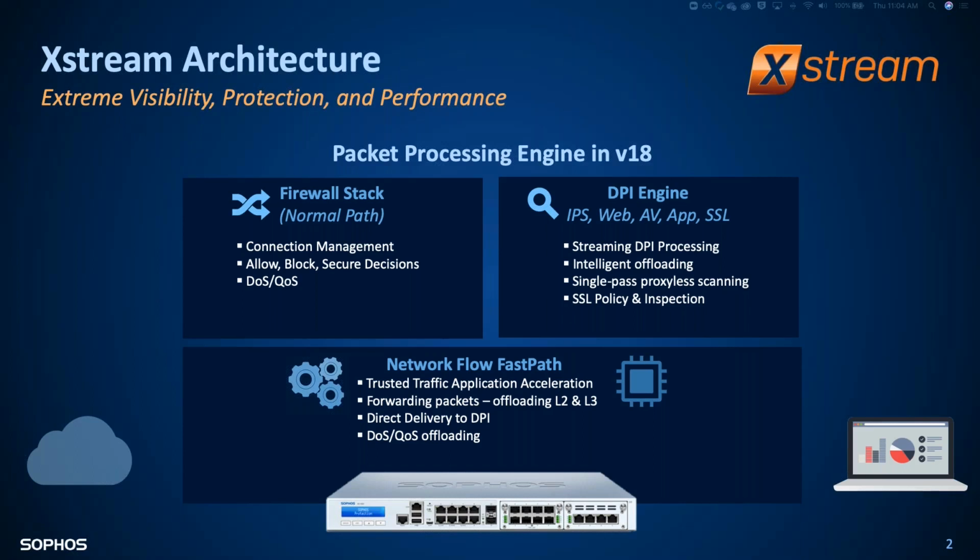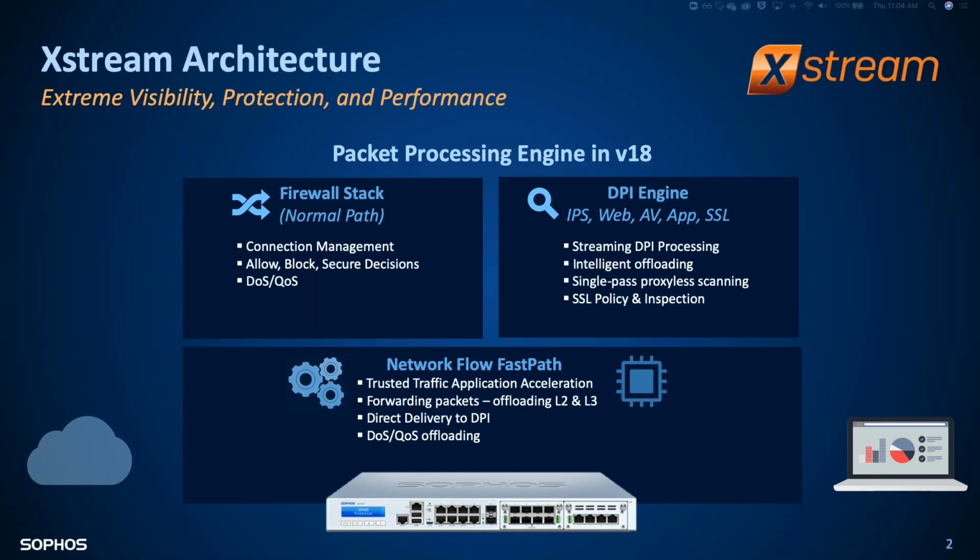What you see here is a high-level description of our new extreme packet processing architecture. There are three components here and they all work together. Of course, the firewall stack provides the connection management and the firewall rule lookup, like whether to allow, block, or process the traffic through the DPI engine, etc.